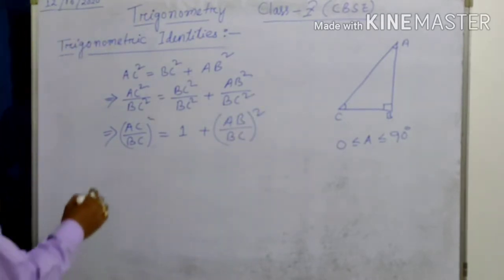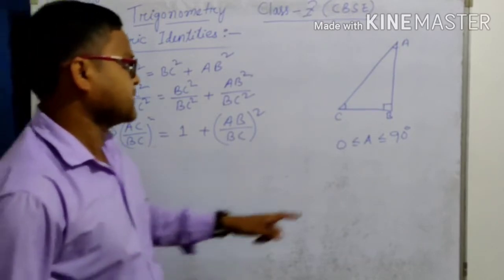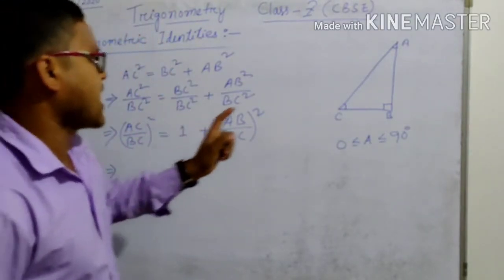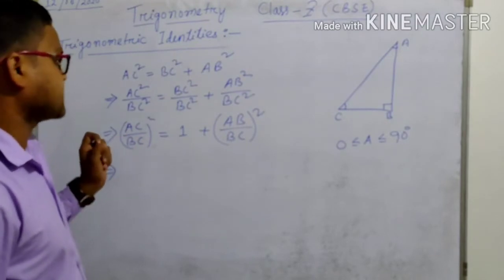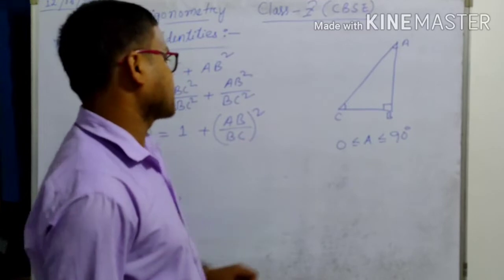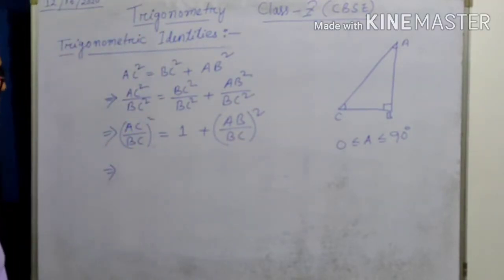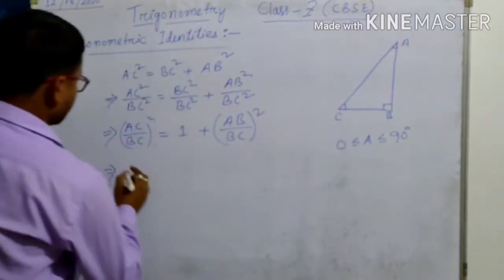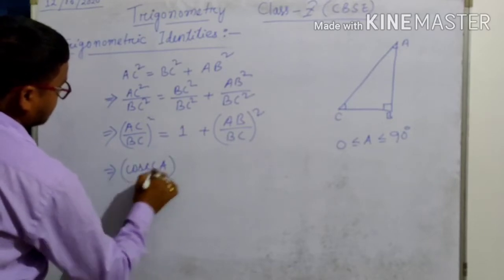Now you see AC by BC. If you take this as angle A, for the angle A, this one is the base. So AC by BC, AC is the hypotenuse, hypotenuse by BC, which is hypotenuse by perpendicular, you will get cosec A, this is whole square.